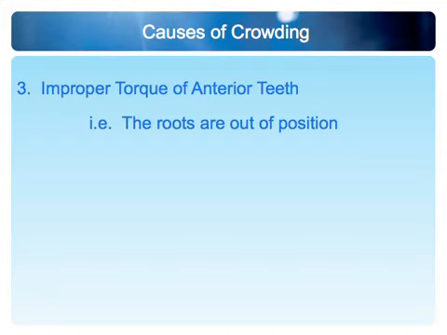And so all of the roots of the anterior teeth are out of position for Class 2 Division 2 cases, and that's a leading cause of their crowding. The improper torque of the anterior teeth. So it's going to be a little less of a concern as far as our 4 secrets are concerned today, but it is the number 3 cause of crowding.